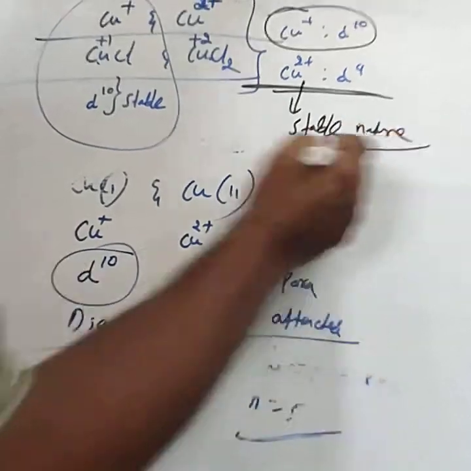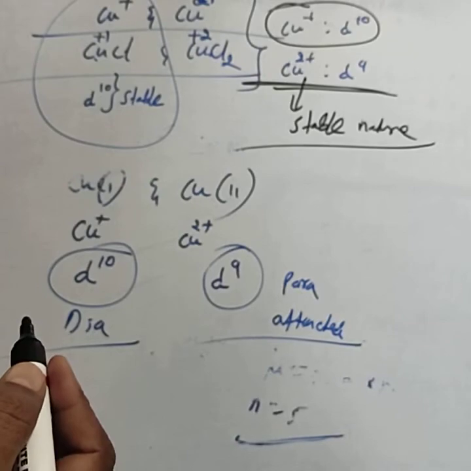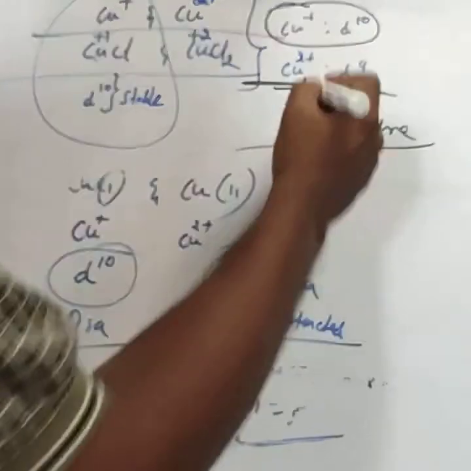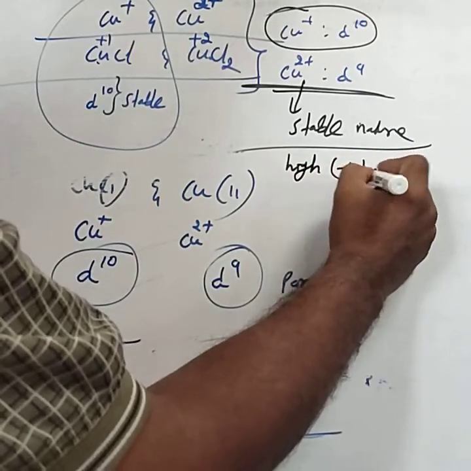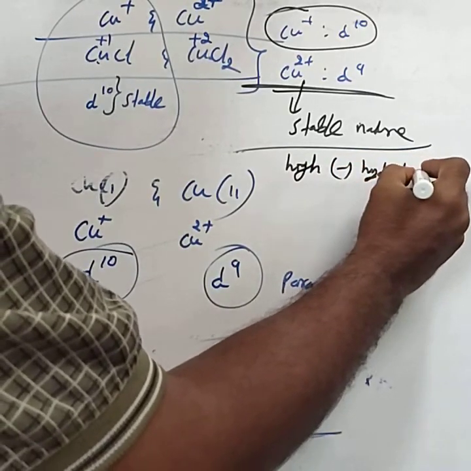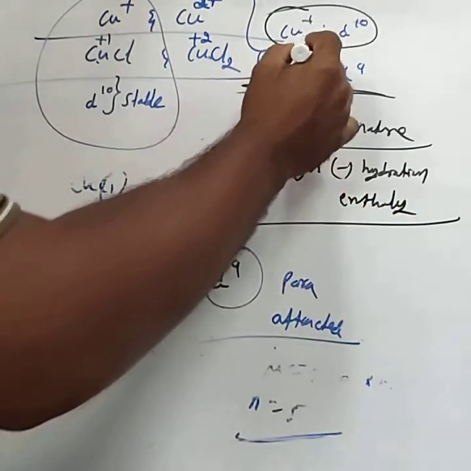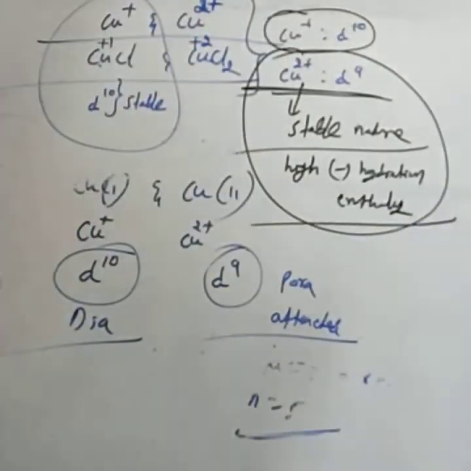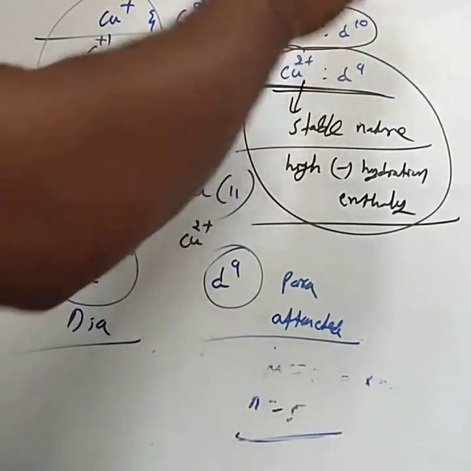It is very important. Why is Cu2 plus more stable than Cu plus? Cu2 plus has very high negative hydration enthalpy. Due to very high negative hydration enthalpy, Cu2 plus is more stable than Cu plus.